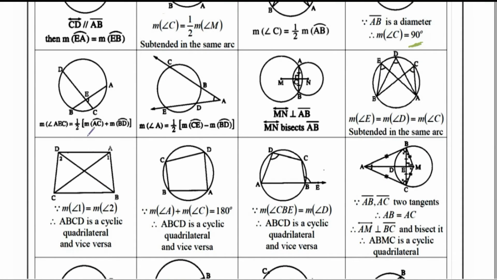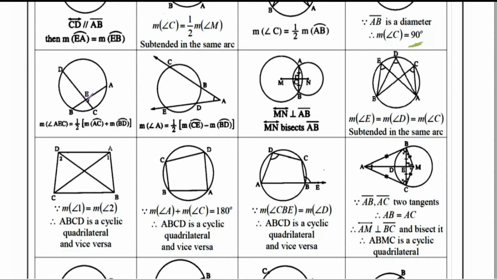Now we have a well-known problem. What is the well-known problem here? If you have two chords that intersect at the point E, the chord AB and the chord CD intersect at the point E. You can get the measure of the angle AEC as the following.